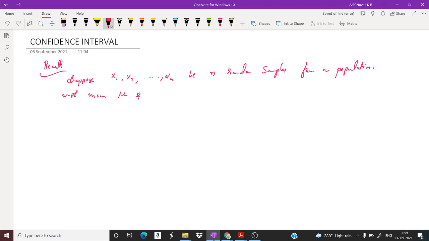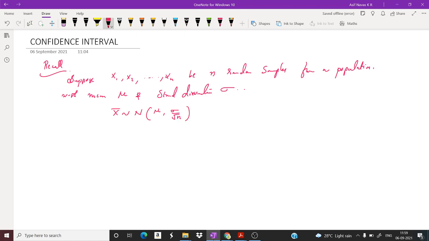mu and standard deviation sigma. So each random variable x1, x2 in the random sample has mean mu and standard deviation sigma. Then we know that by the central limit theorem, x bar follows normal mu, sigma by root n.